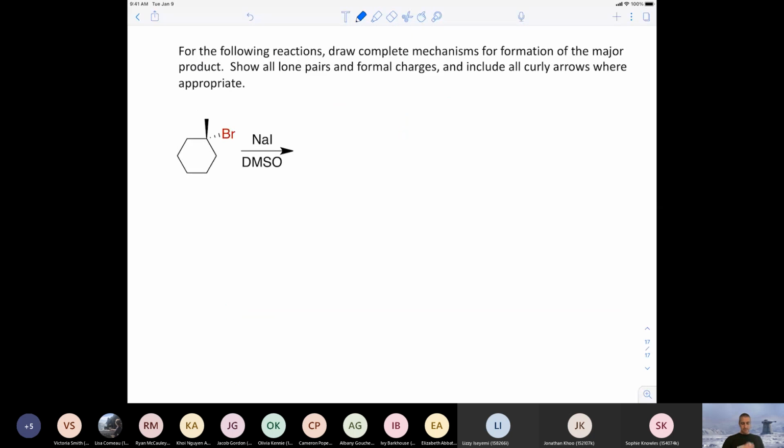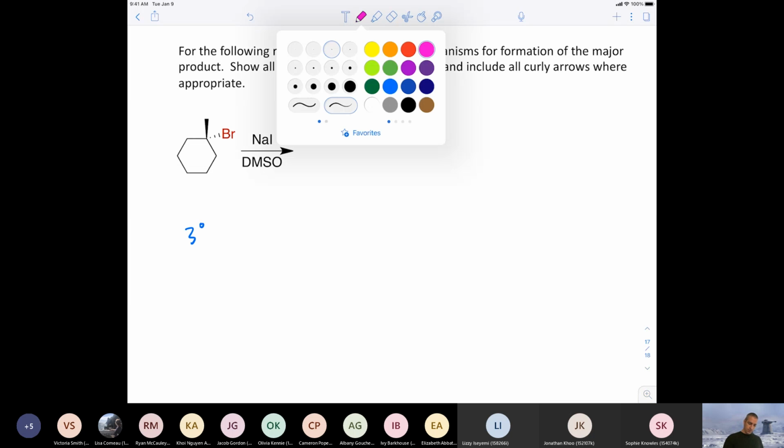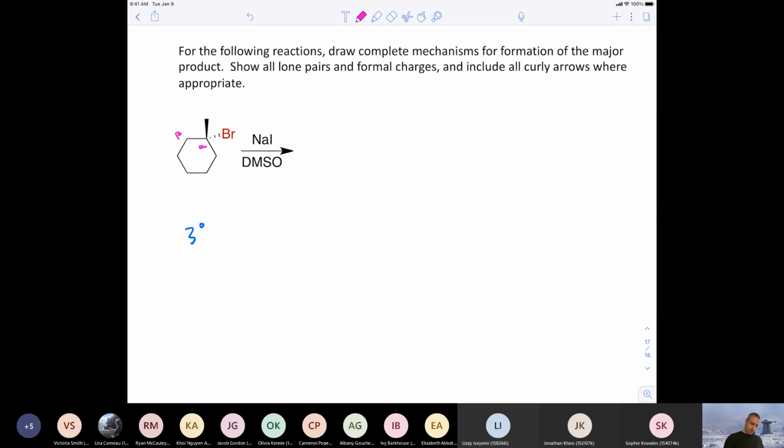Next one. What kind of alkyl halide is this? Methyl, primary, secondary, tertiary? Yeah, this one's tertiary. How do you know? Well, we have our alpha, we have our beta, beta, beta.